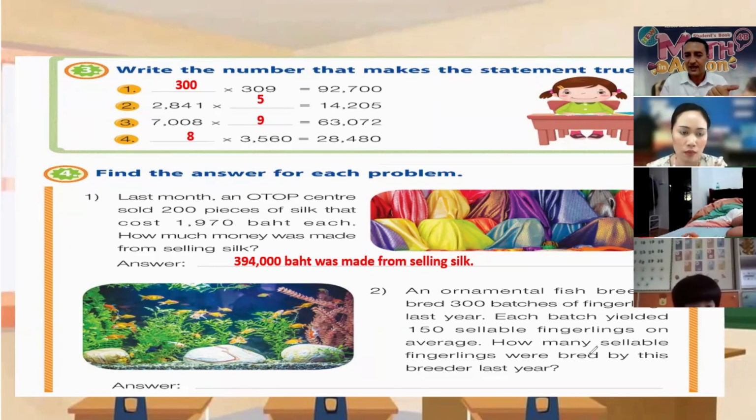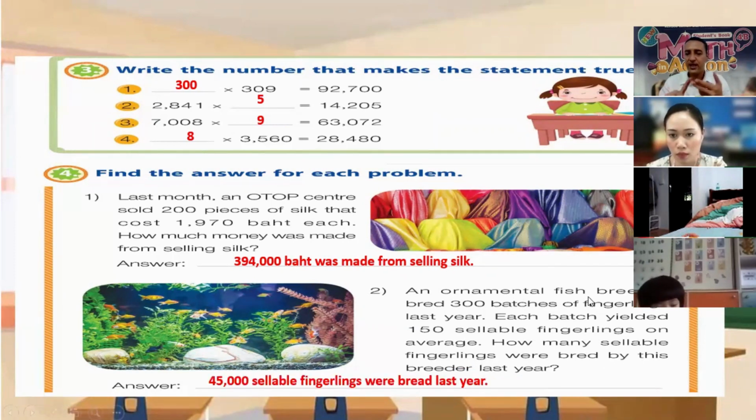The question is asking how many sellable fingerlings were bred by the breeder last year. So here we are going to use the multiplication method, right? So 300 multiplied by 150. So 300 batches multiplied by 150 sellable fingerlings. So the answer will be 45,000.